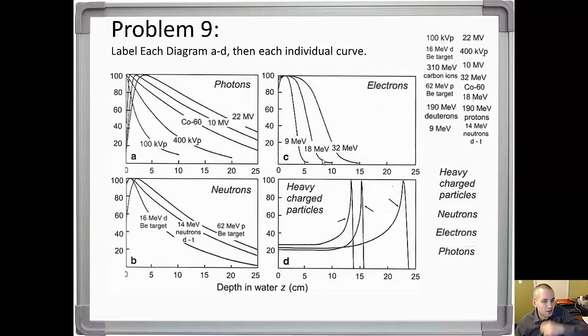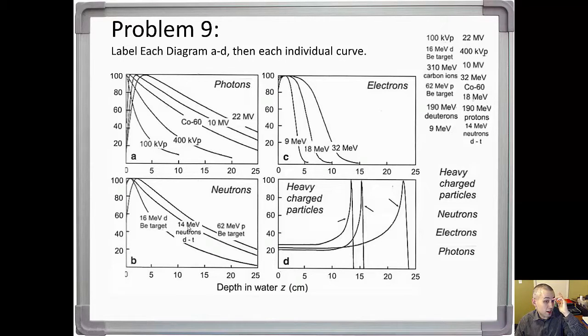I'll give the answers for neutrons because those are hard to approximate. What should you get from this particular plot? I think that it is similar to photons. So if you have to answer a question like this on a multiple choice exam, be careful knowing that the PDD versus depth for neutrons is similar to photons.